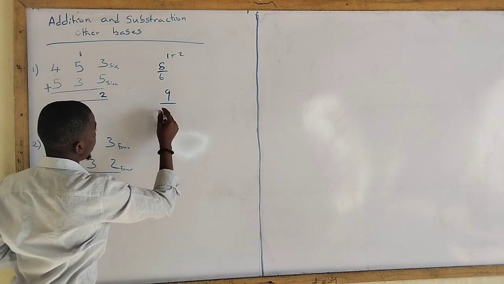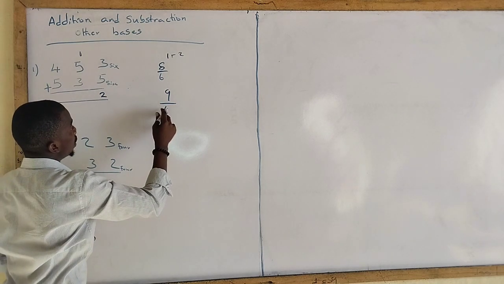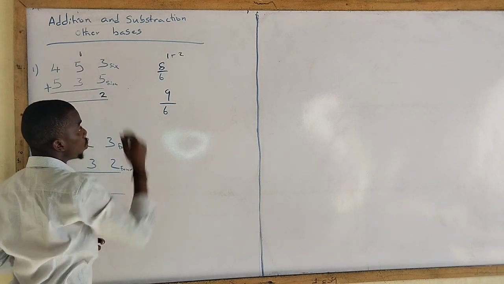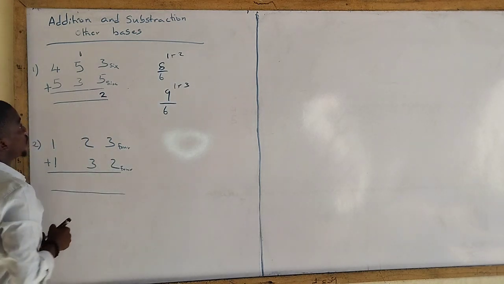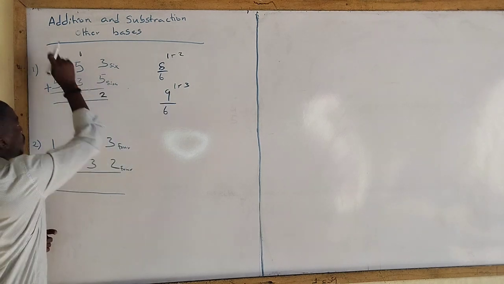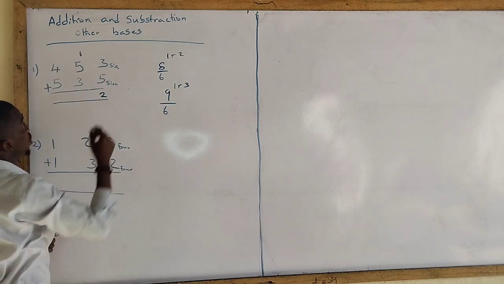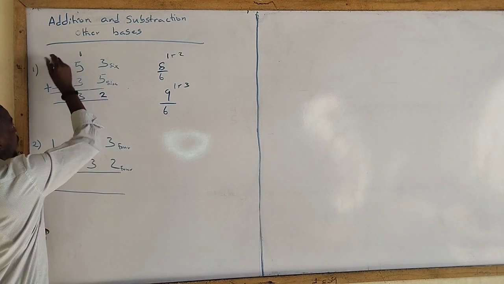So 6 will divide 9 one time, remainder 3. Remember that we always write the remainder and carry the quotient. Are you with me? We always write the remainder and carry the quotient. So we put 3 and carry 1.